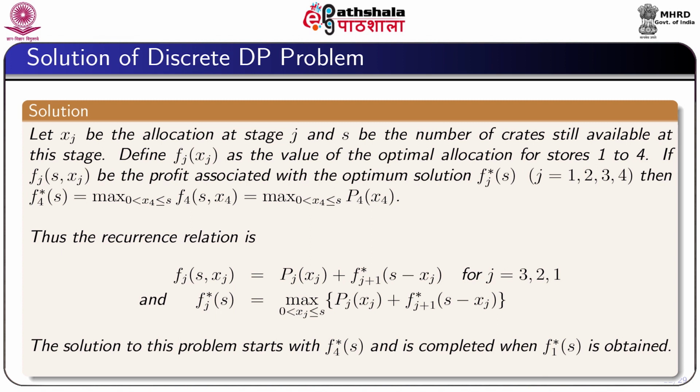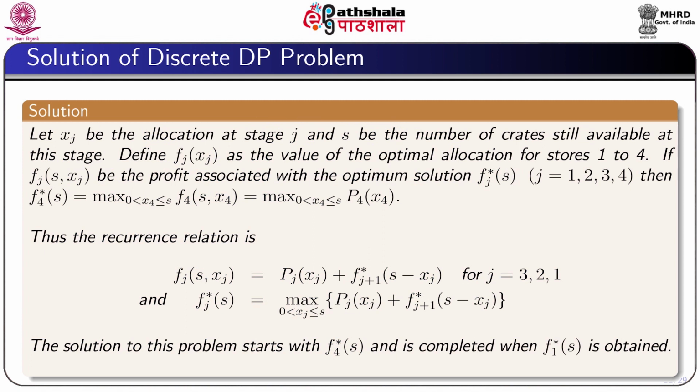If f j s x j is the profit associated with the optimum solution f j star s, then f 4 star s equals the maximum of f 4 s x 4, where x 4 takes values between 0 and s, which is nothing but the maximum of P 4 x 4.